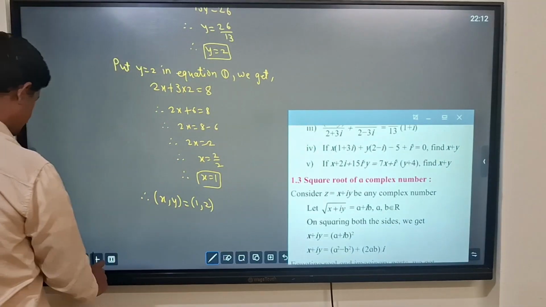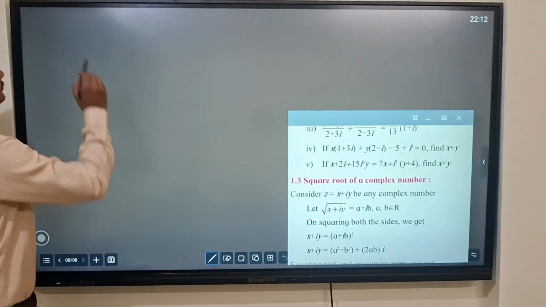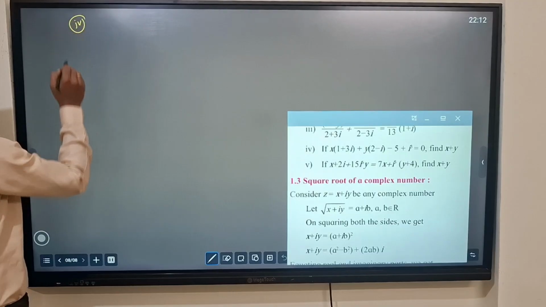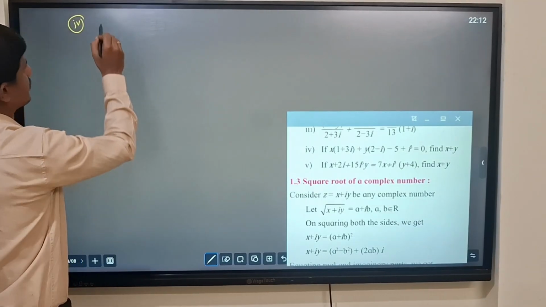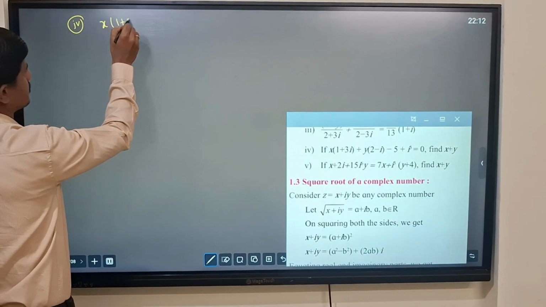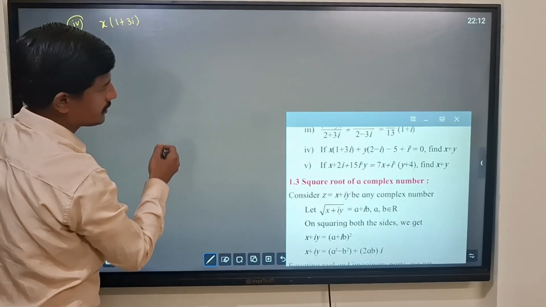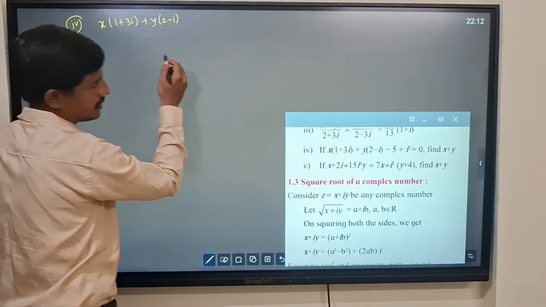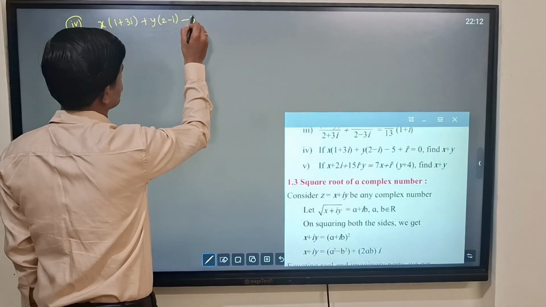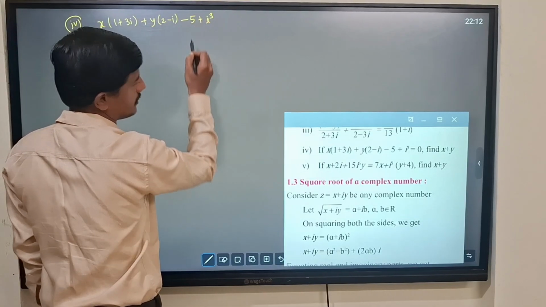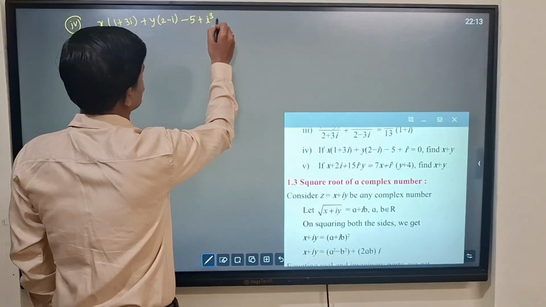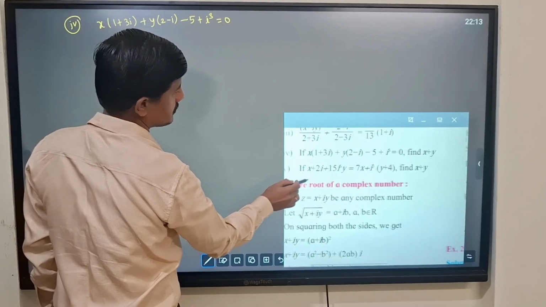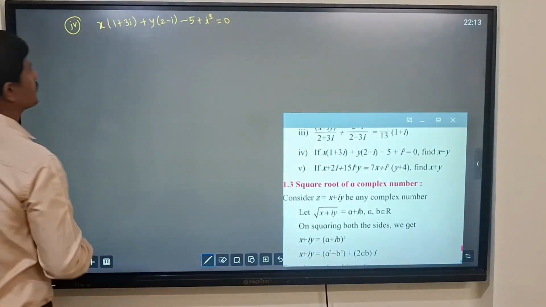Now fourth. If x into 1 plus 3i plus y into 2 minus i minus 5 plus i cube equal to 0, find x plus y. Okay.